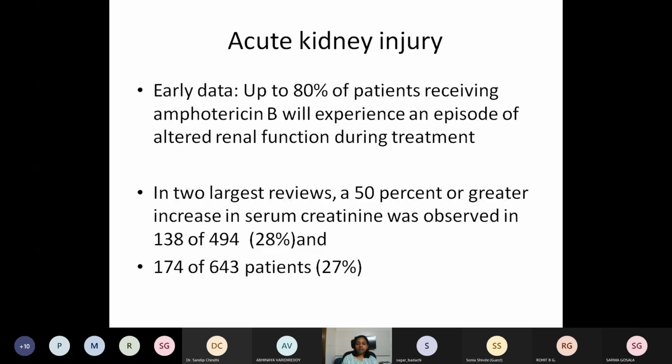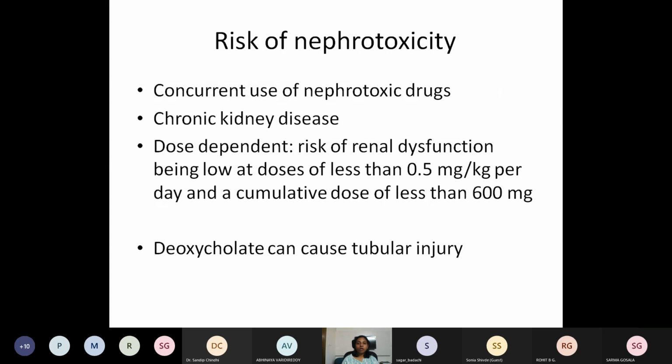But if you see the latest data where they have reviewed patients, in one study of about 494 patients, only 28% developed a 50% increase in serum creatinine, and in another study there was 27% in 643 patients. So the reason is that we have identified how to prevent it, how to monitor more closely, and how to avoid this side effect.